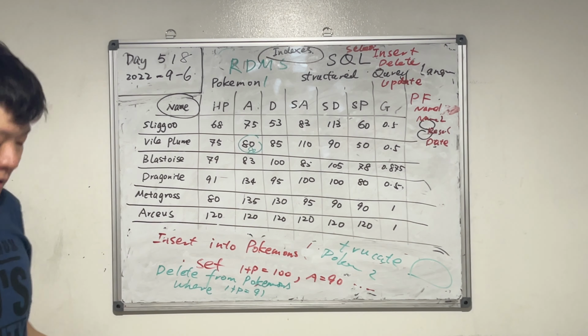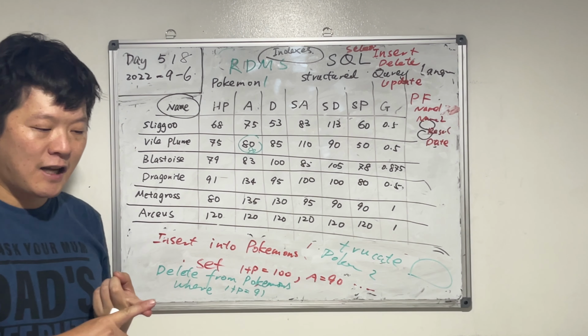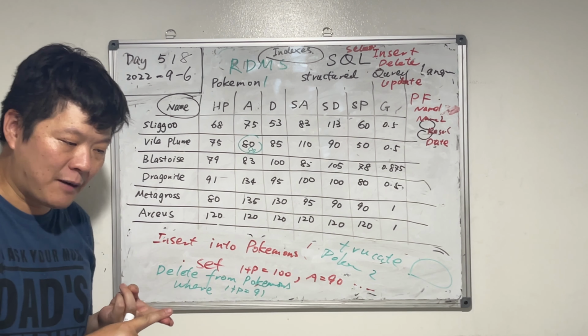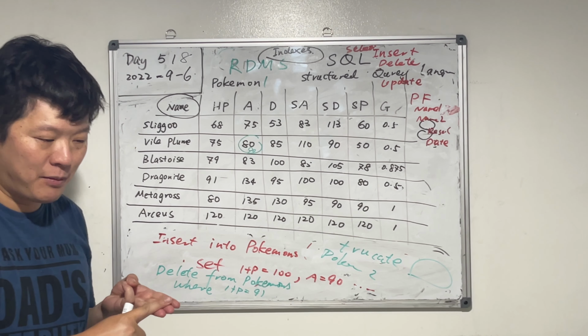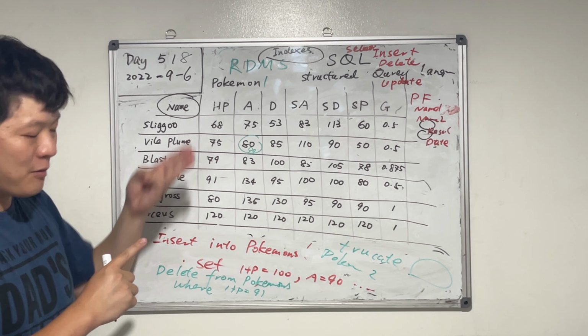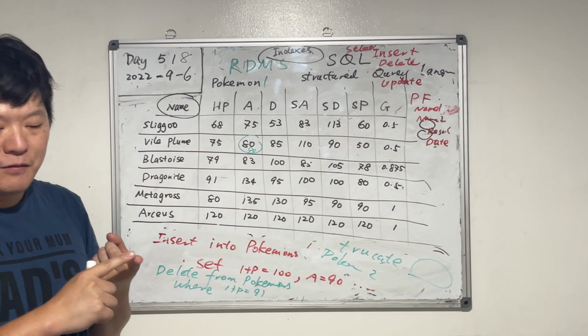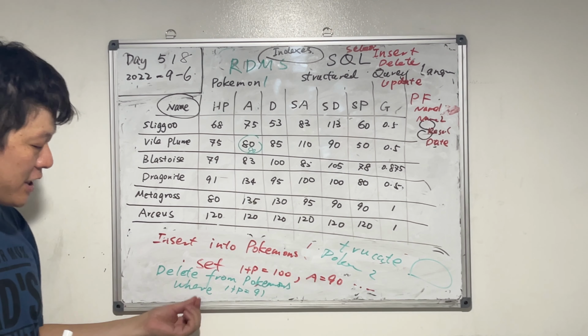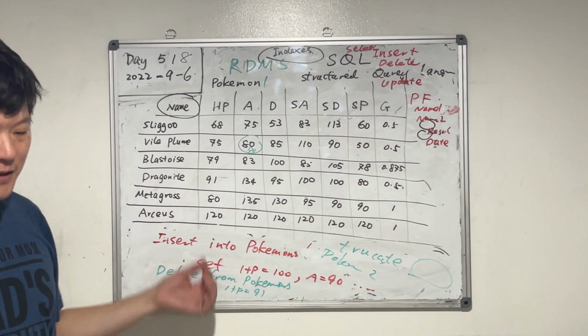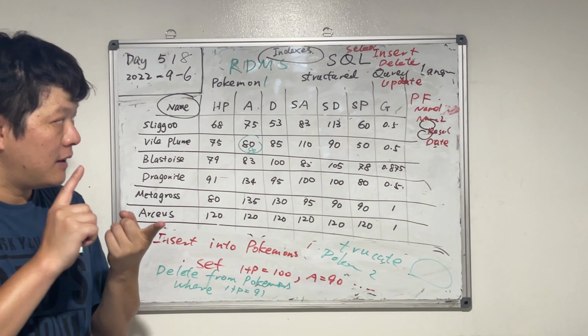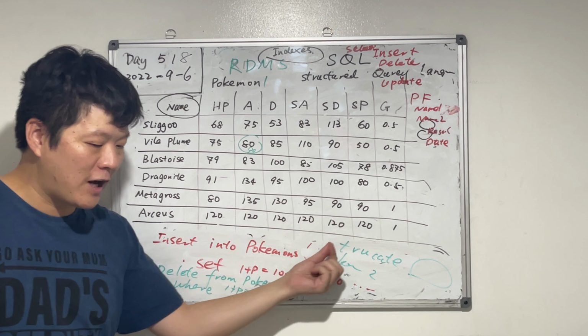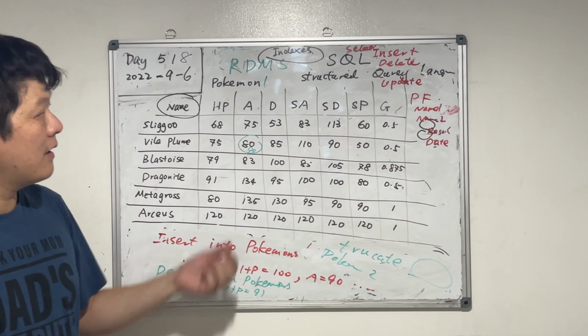So to sum up, how many keywords? Create database, drop database, truncate table, truncate Pokemon. Select something from somewhere where condition, limit, or select top. Insert into table, columns and values. Insert into tables, column 1 equals value 1, column 2 equals value 2.